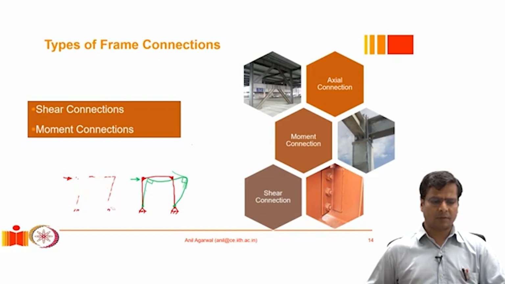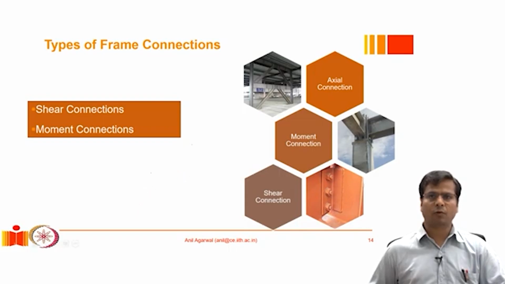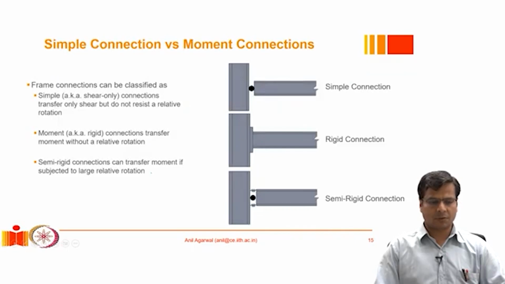So in this section, we are going to talk about the simple connections which do not offer moment resistance, right? So that they could be used in frames which are not going to be there to offer the resistance against lateral loads. So a simple connection can be schematically represented with this diagram, right?